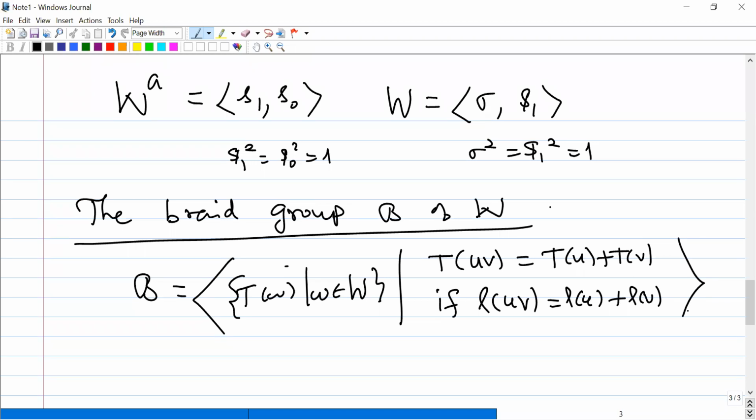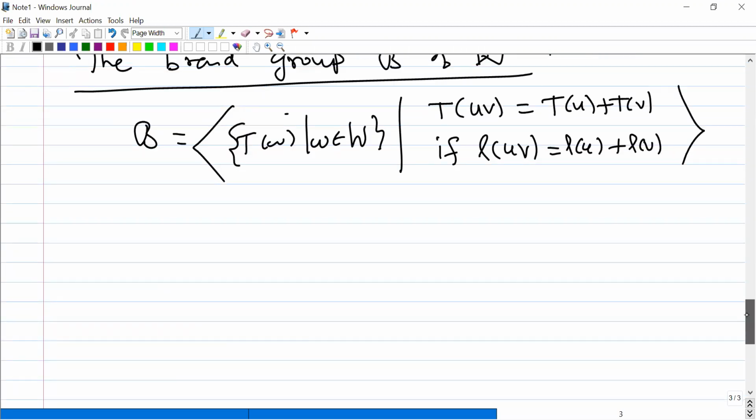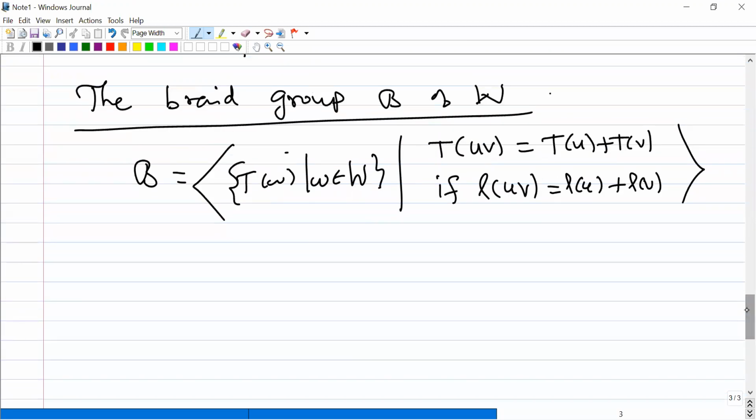So the very first proposition: we have a very nice generating set for this braid group. With respect to that, we can write down a presentation for this braid group.